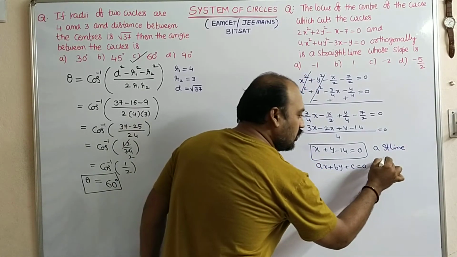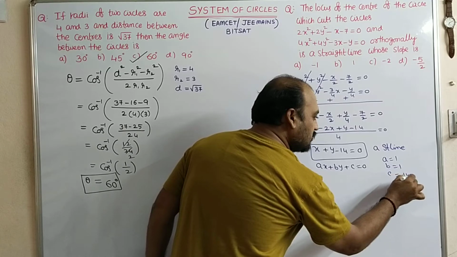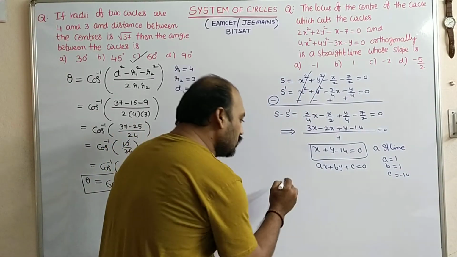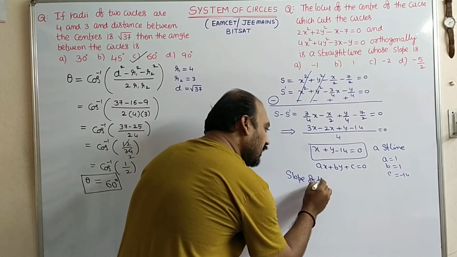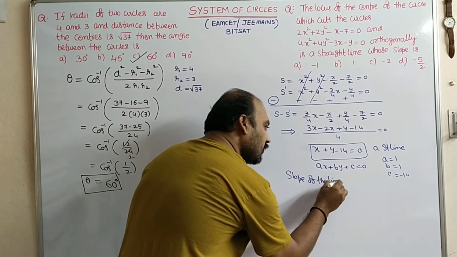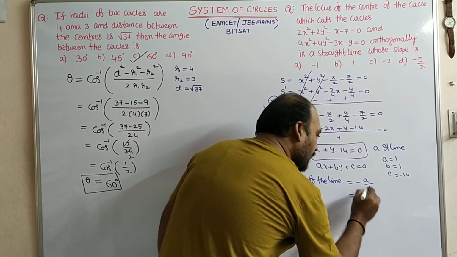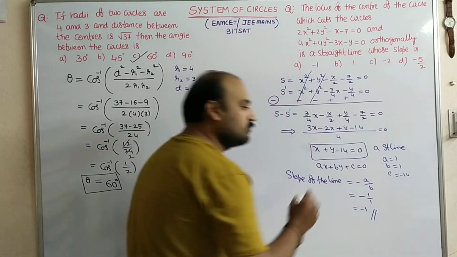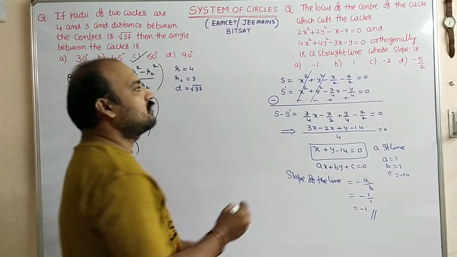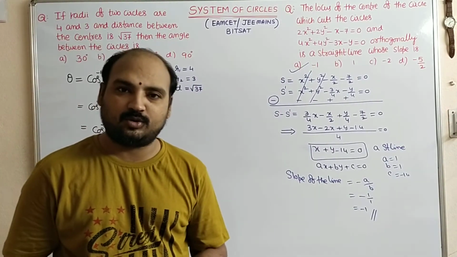So a is equal to 1, b is equal to 1, c is equal to minus 14. Therefore, slope of the line is minus a by b, minus a value 1, b value 1, that is equal to minus 1. So it is there in the first option. We will move to the next question.